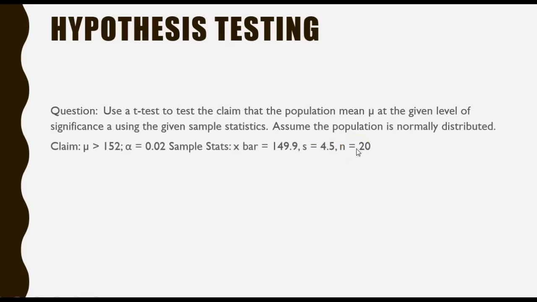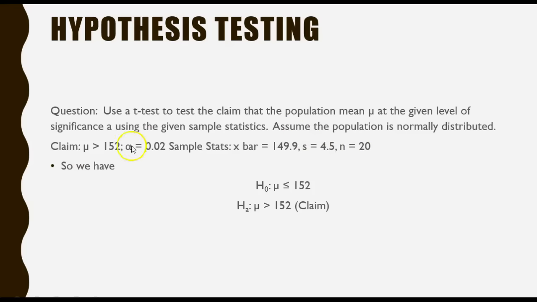Our sample size is only 20. Therefore, we are going to have to use a t. So again, the claim is that it's greater than 152, so it will be the alternative. My null hypothesis will be that it's less than or equal to 152.